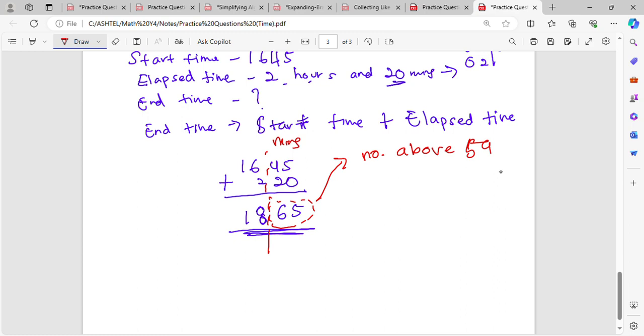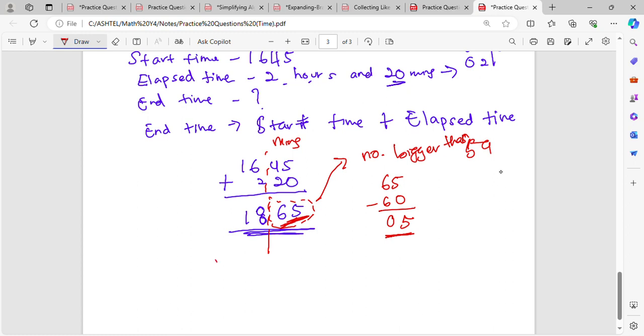So 65 is bigger than 59 and it's above 59. So you need to minus this number here with 60. So 65 minus 60, you will get 05. Once you minus with 60, you need to add 1 to the hours.